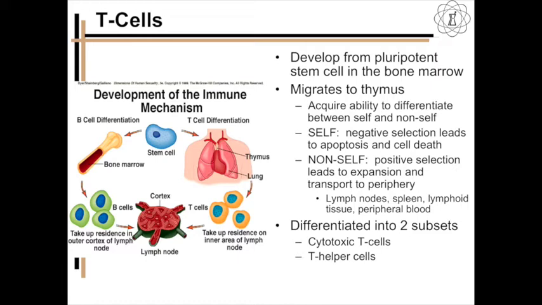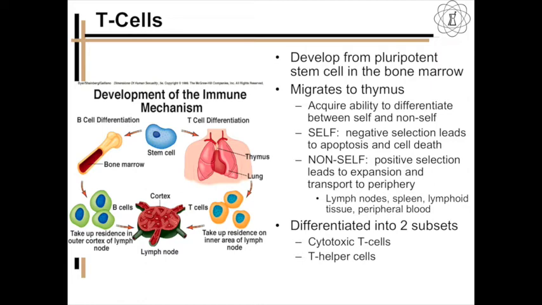A lot of times they're in lymph nodes, sitting there waiting. You see them in most of the organs of the immune system, like the spleen. They are also circulating in the blood, because they're going to be our first line of defense against a lot of foreign invaders. At this point we have a whole bunch of them, we hope, and once we need them, we hopefully will be able to use them quickly.